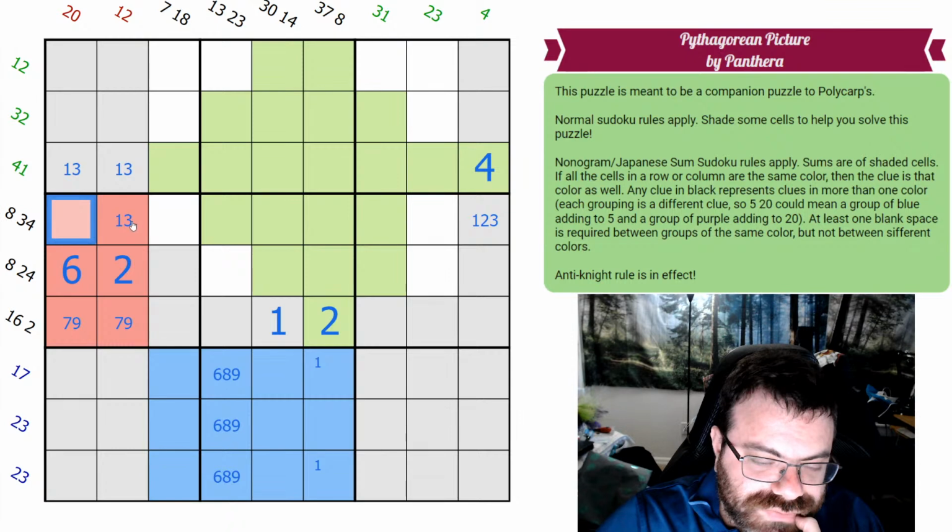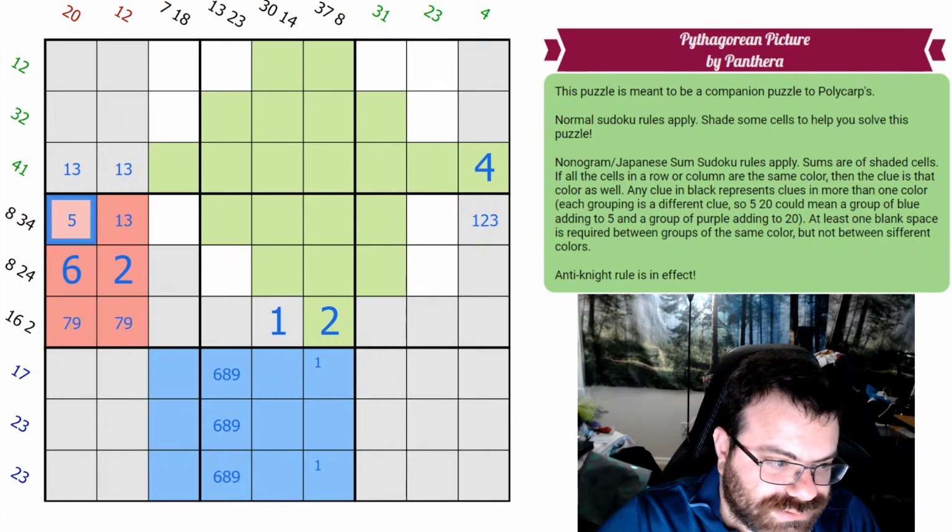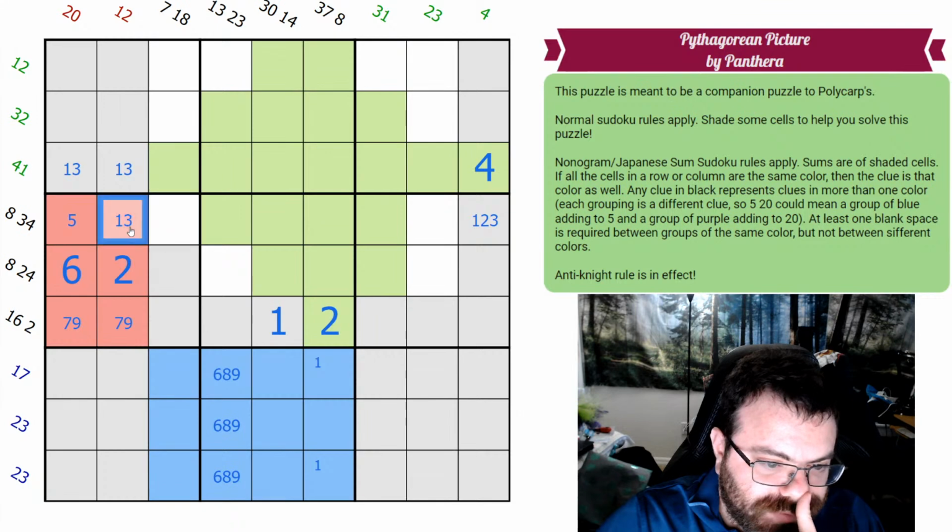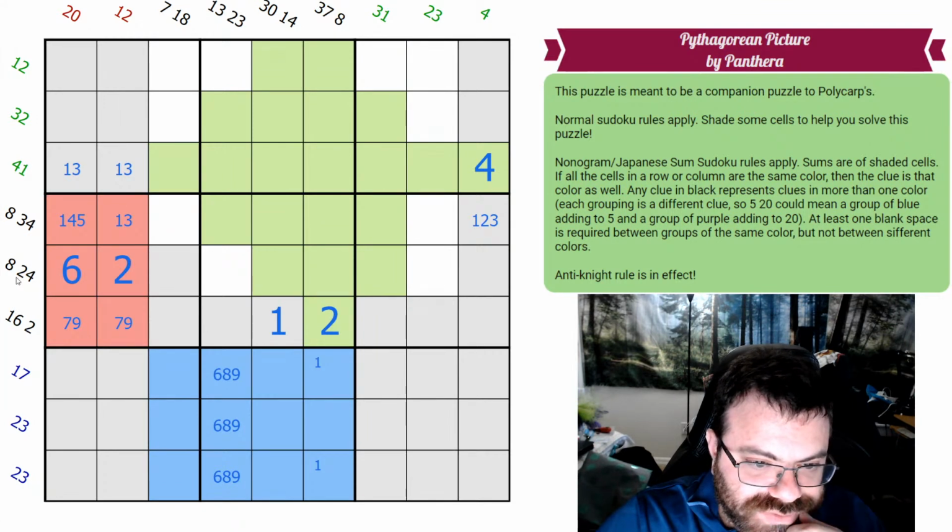In 2 cells, we'd have to be 3, 5. We couldn't use the 1, 7. In 3 cells, 1, 2, 5. We could still be a 5, and we can't use a 2 either. So we'd have to be 1, 3, 4. So I think that's a 1, 4, or 5.